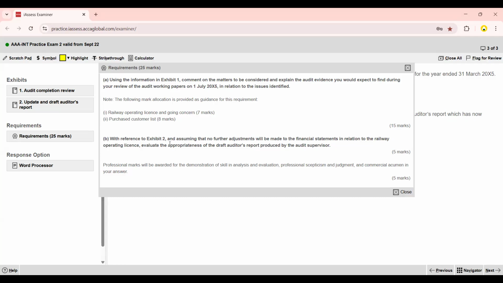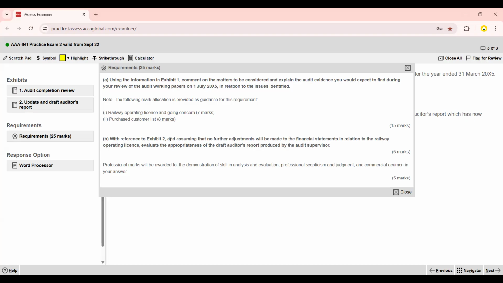Part B, with reference to Exhibit 2, and assuming that no further adjustment will be made to the financial statements in relation to the railway operating license, evaluate the appropriateness of the draft auditor's report produced by the audit supervisor. Then we have professional skills marks. Professional marks will be awarded for the demonstration of skill in analysis and evaluation, professional skepticism and judgment, and commercial acumen in your answer.